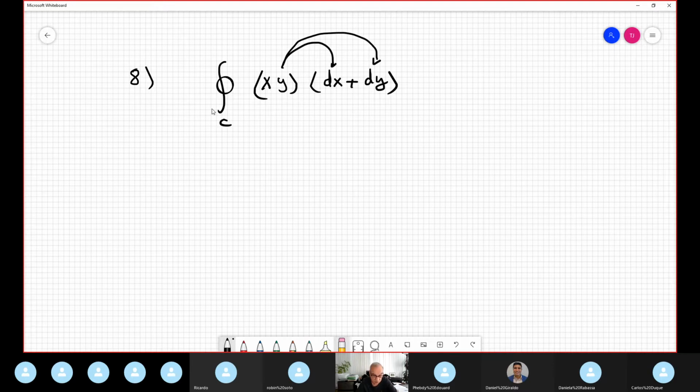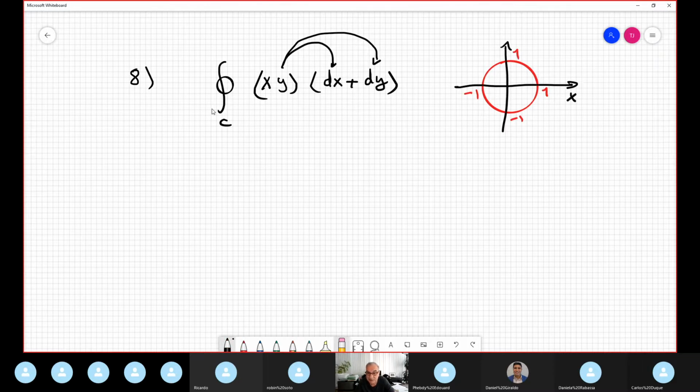I have the curve C. By the way, the curve C is the unit circle, no? Let me see. Yes, unit circle. Totally full unit circle, like that, through 1, 1, -1, -1.